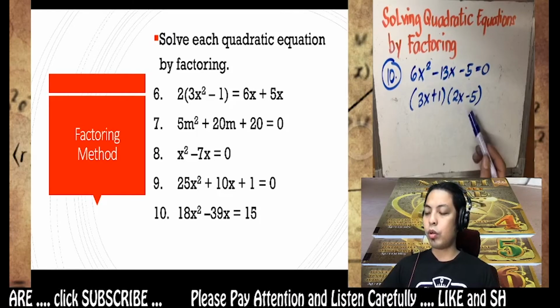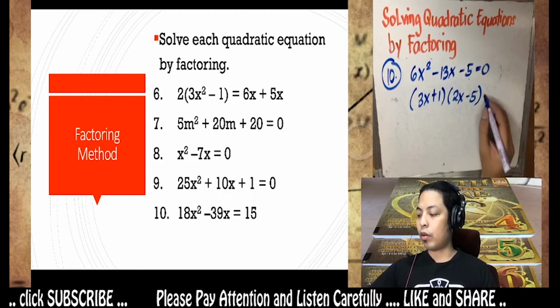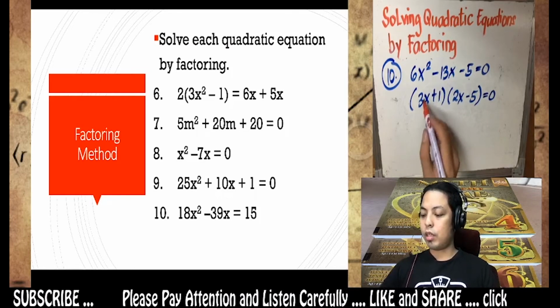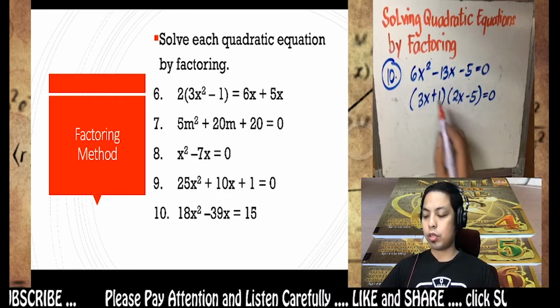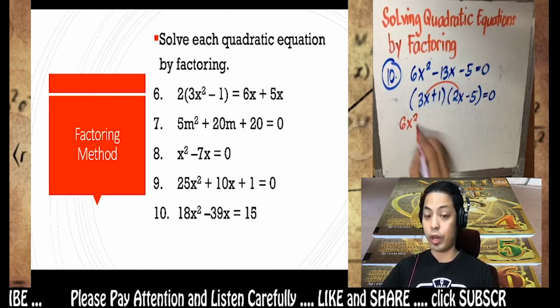Kung ito ang napili ninyo, tignan natin kung ito ang tamang sagot. So, ito ay equals 0. Let's try FOIL method. 3x times 2x. That will give us 6x squared.